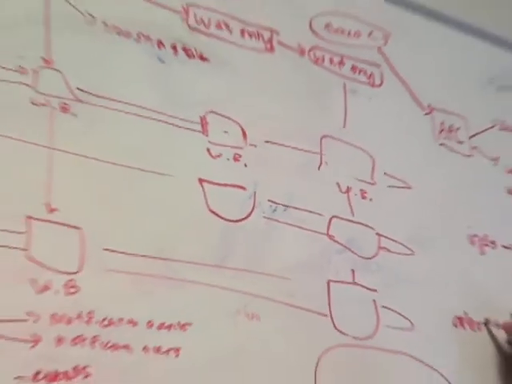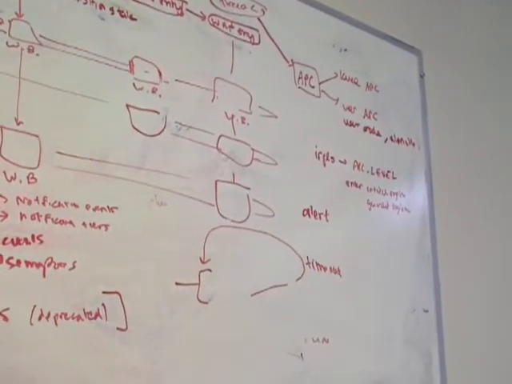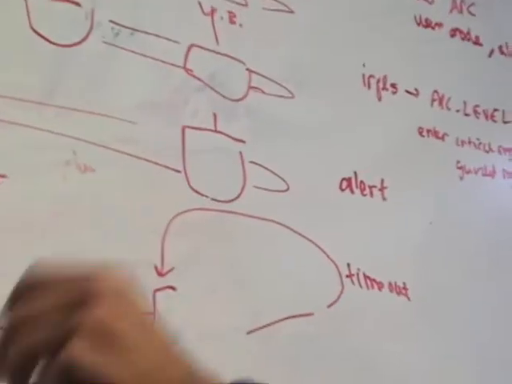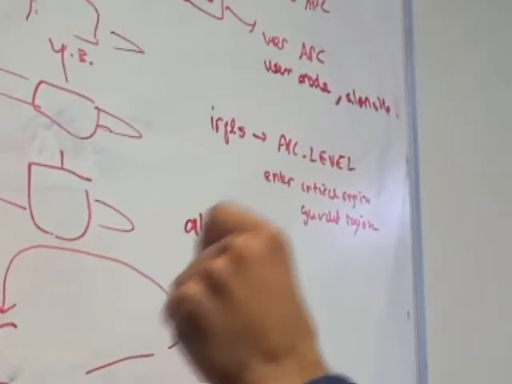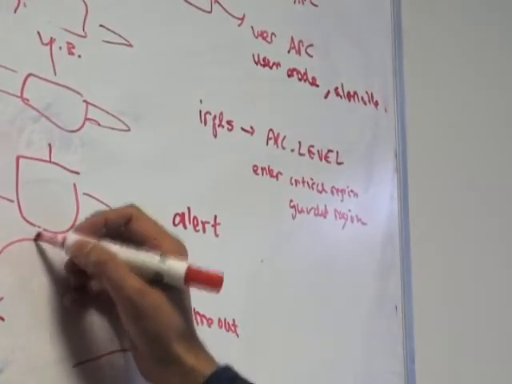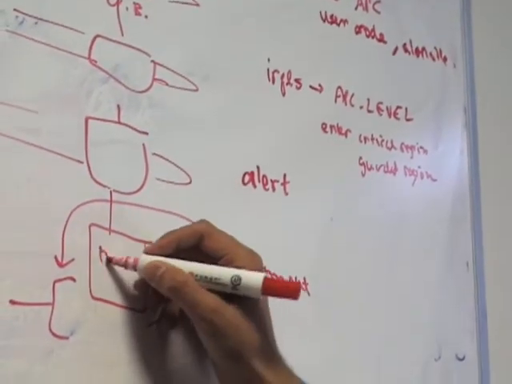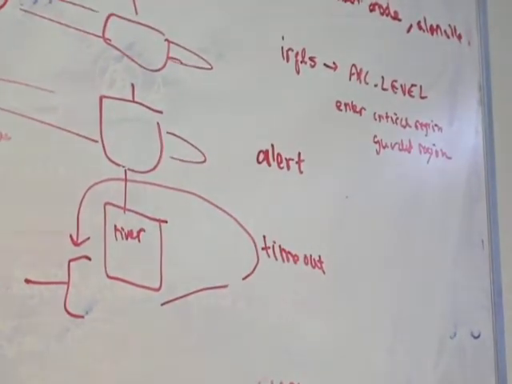Okay. The other thing is an alert and a timeout. Timeout's pretty self-explanatory. Whenever you do a wait, you can give a time constraint on that thing, where if it's not satisfied by that time, you'll wake up anyway. The way we implement that in the kernel is kind of neat. Whenever you wait on a bunch of stuff, we just add one more object to it, which is a timer that's set for your timeout value.